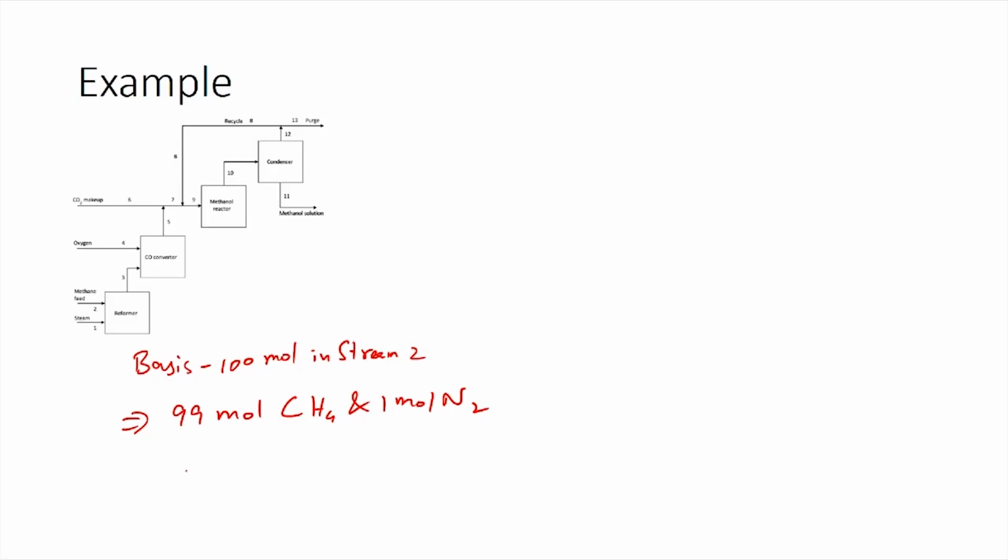So, we have also been told that stream 1 is 10% excess water vapor which is being fed, or steam which is being fed. So, we can calculate the requirement for water vapor based on the reformer reaction. The main reformer reaction was given as methane plus 2H2O gives CO2 plus 4H2.